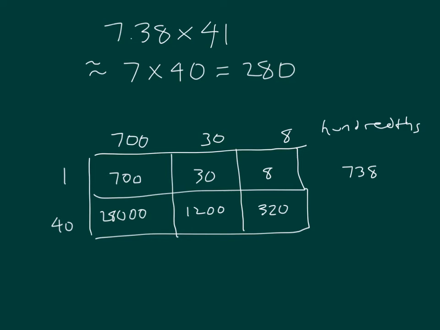Adding those together, that's 29,520. Adding those together, 30,258 hundredths.